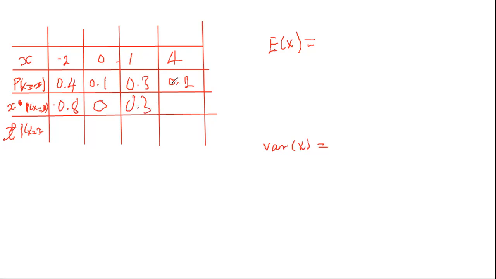Then 4 times 0.2 is 0.8. So for expectation, we add these: -0.8, 0, 0.3, and 0.8.